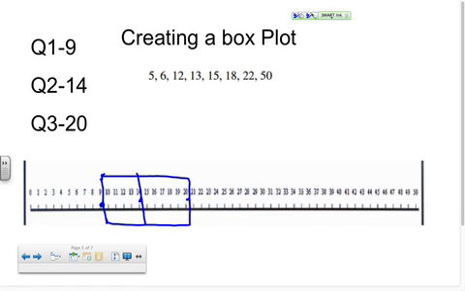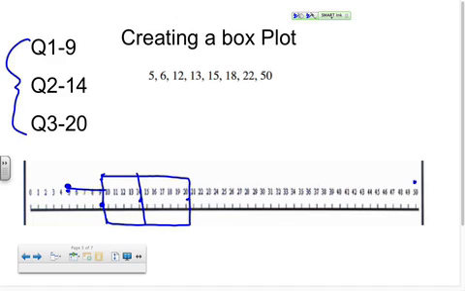So right here I only have 3 numbers. I need my other 2 numbers. So I have a 5, which we're going to draw the dot actually on the 5 up here so we can see it up here a little bit. And then I have a 50, which is all the way over here. We draw a line from the dot to the plot.